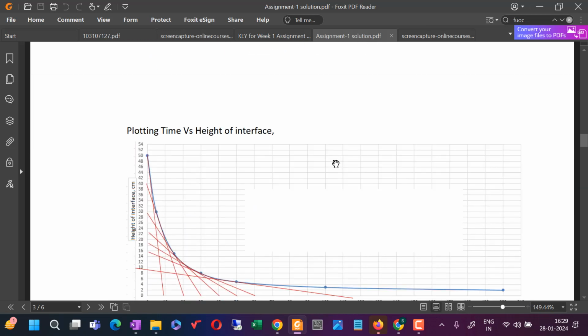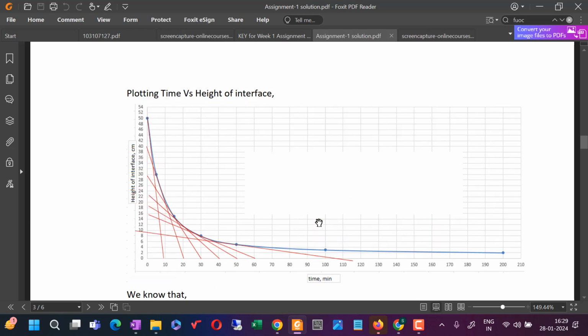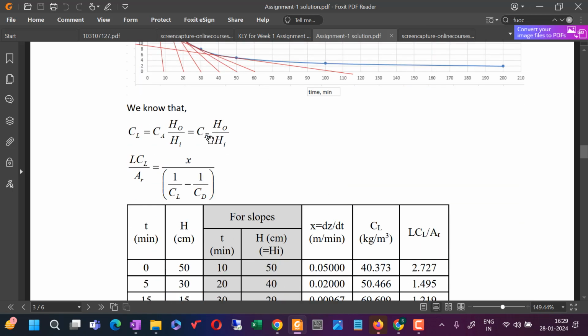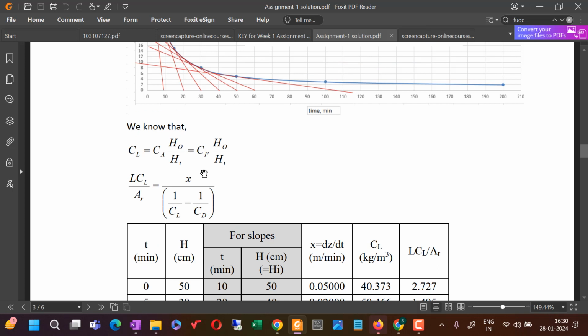Now from this height versus time curve you calculate the CL. What is CL? It is the zone where it is not at the bottom but at the intermediate state. So this CL can be calculated using the H0 and the HI, where HI is any intermediate height.